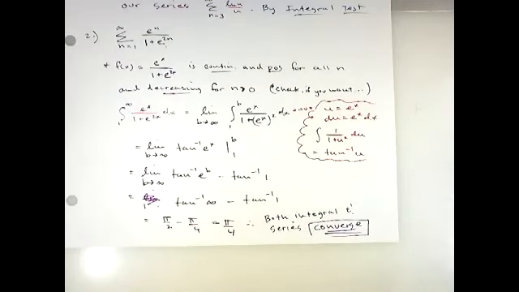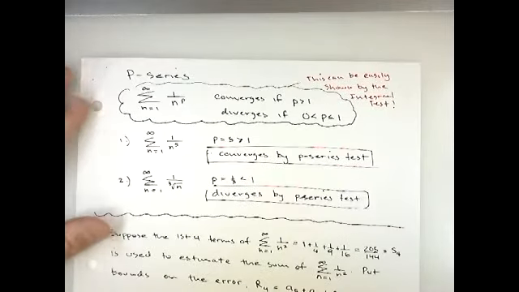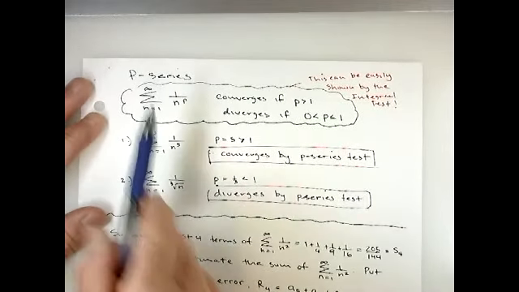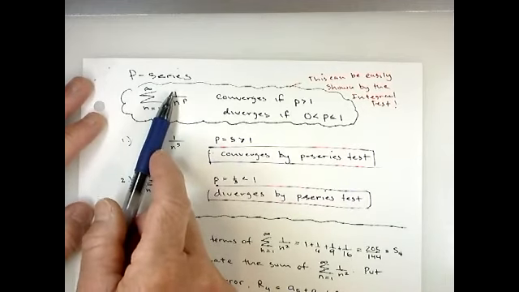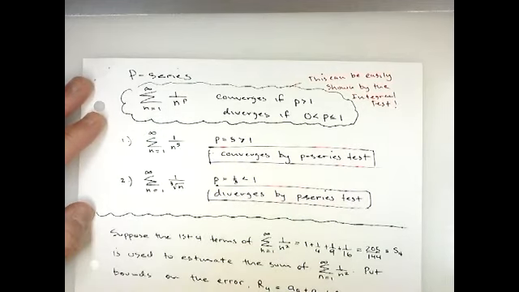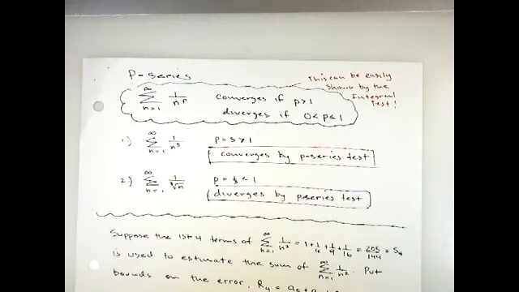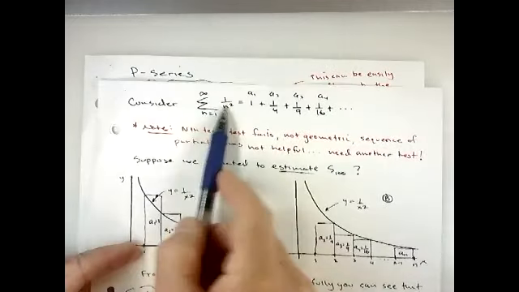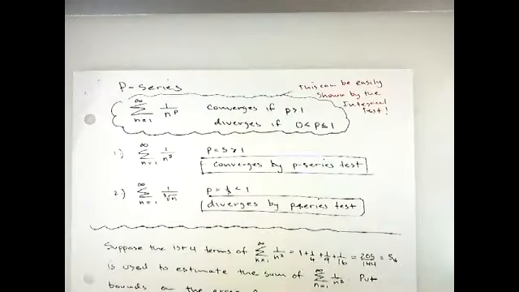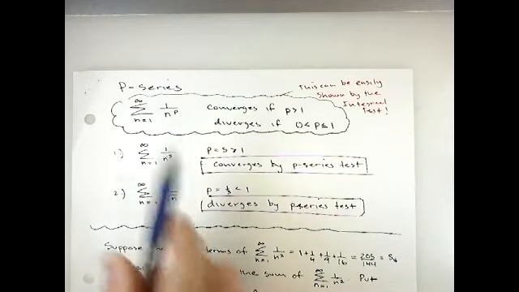Now with the integral test, we actually get another test kind of for free here. If you have a series that's 1 over n to a power, like my very first example, 1 over n squared, we call that a p-series.